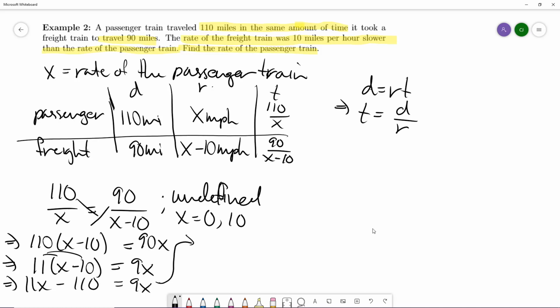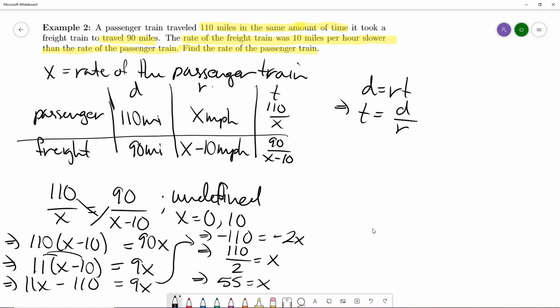Now let's continue. I'm going to subtract 11x from both sides. What does that give me? This gives me negative 110 equals 9x minus 11x, that is negative 2x. Now I'm going to divide both sides by negative 2. Negative divided by negative is a positive. So I get 110 over 2 equals x. They're both even, so 110 divided by 2 is 55.